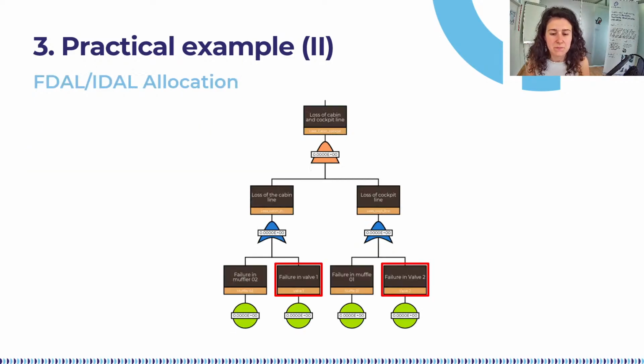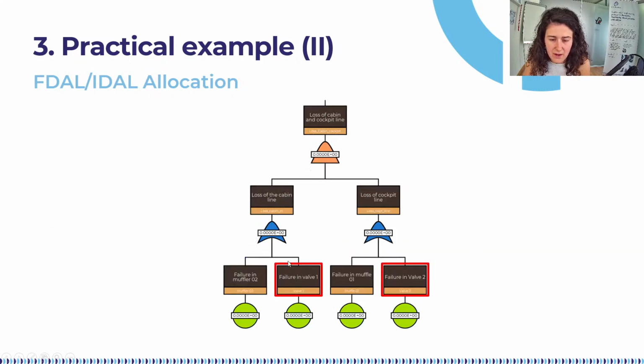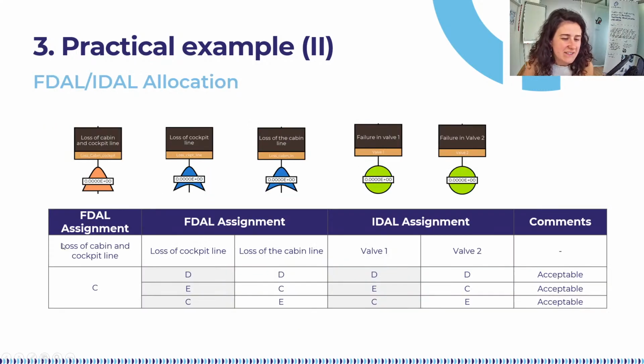Okay, that is the minimal cut set. So we have here both valves, and we need to evaluate both valves for this AND gate. Here the loss of cabin and cockpit line is classified as C. So in the OR gates can be DD, EC, and CE.